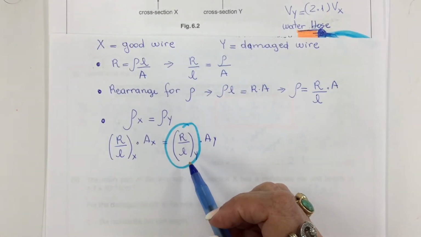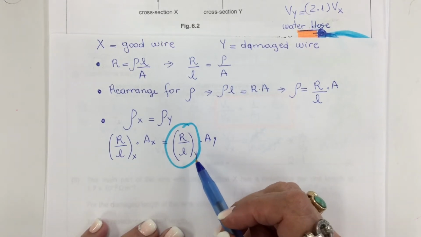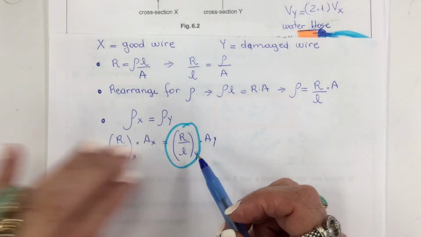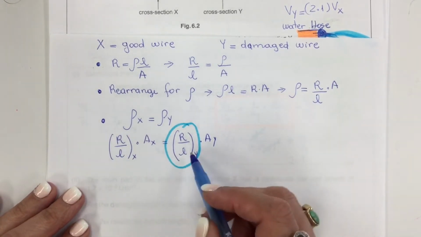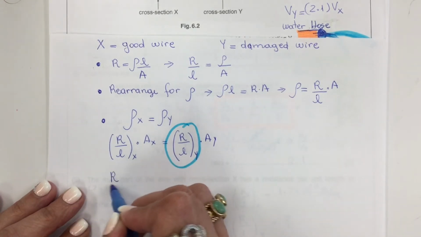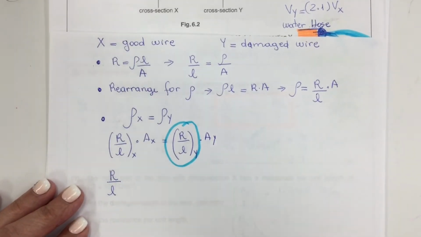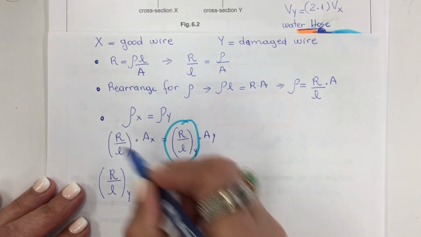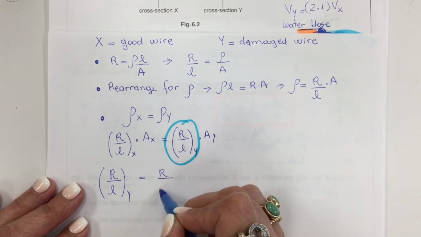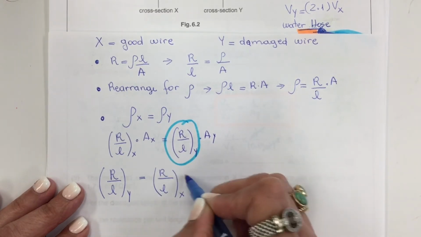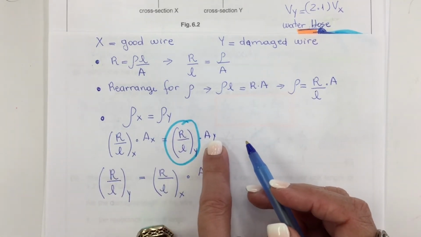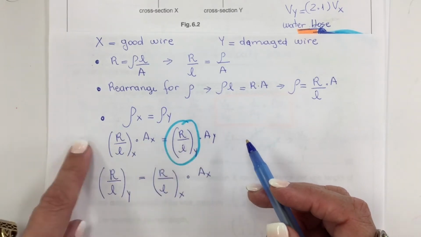So this is the ratio that I'm looking for, the resistance over length for the damaged wire. So I'm going to rearrange this formula one more time, and I'm going to move this guy here on the first section of this equation, Y, and I will keep the second term of this equation as it is. Now I'm going to move this guy to the other side. Multiplying, go dividing.